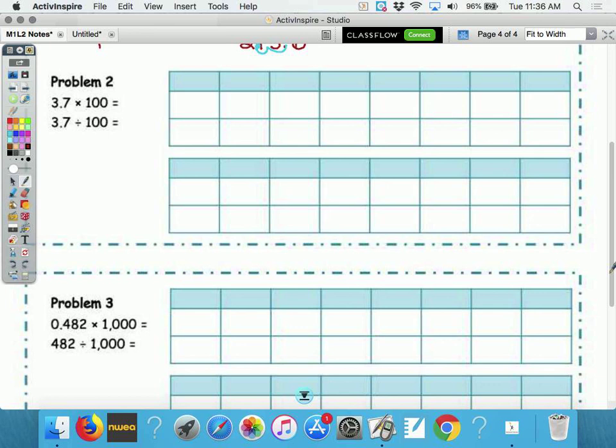So I'm going to use a decimal trick. Let's rewrite 3.7. Now I want you to watch me and then you do it yourself, okay? So we've got 1, 2 to the right. You agree? 100 means 2 to the right. Fill in with 0. So my answer is 370. Okay, you try it.